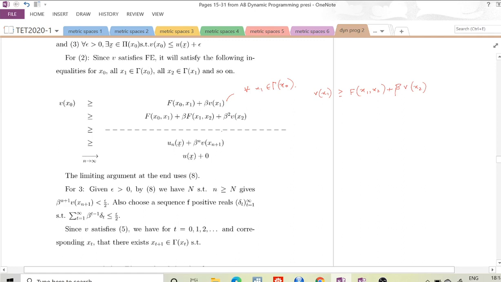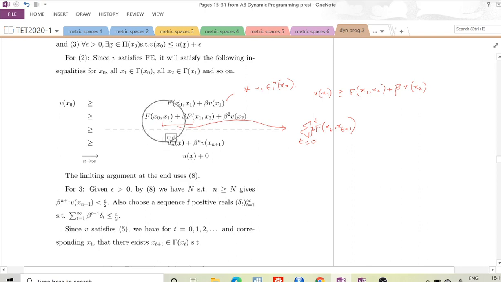Okay, so if we unpack it over n steps, this part carries over for n steps, and that will just give us something that looks like a summation of the f of xt, f of xt plus 1 terms, t starting at 0. So we start with beta to the 0, 1 times f of x naught x1.